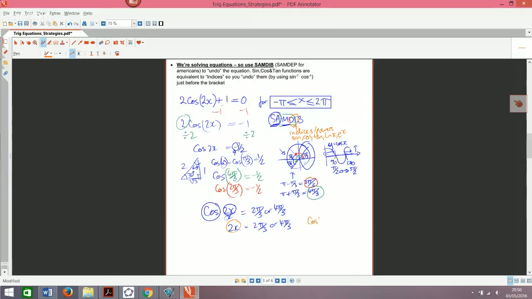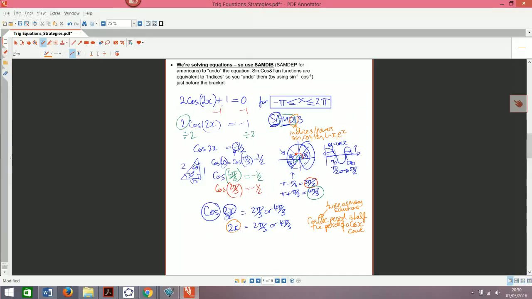So cos 2x period is half the period of a cos x curve. And that means I should expect twice as many solutions in the same domain. So how can I get those twice as many solutions?